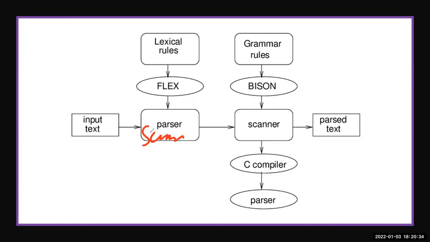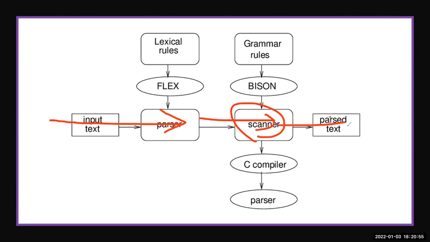Sorry for that, I may have copied from the wrong source. These two should be swapped. And then we may have a context-free grammar to generate the parser. So your program goes through the scanner and then the parser and then creates the result.